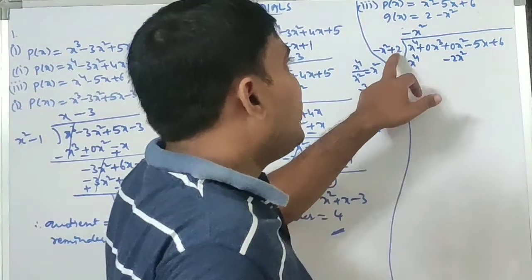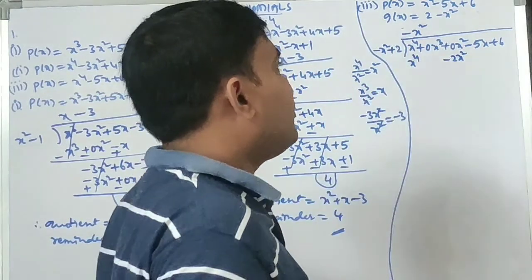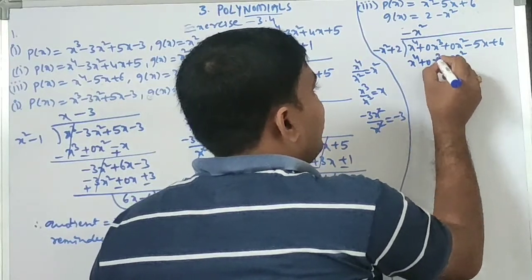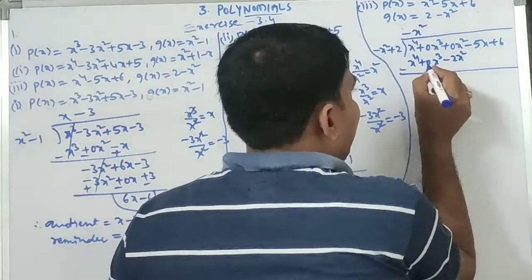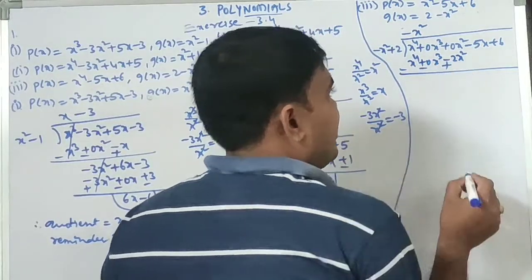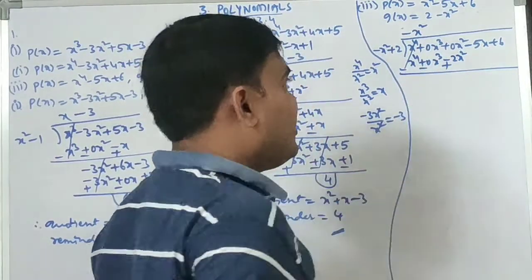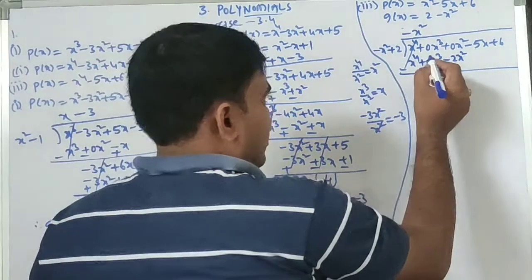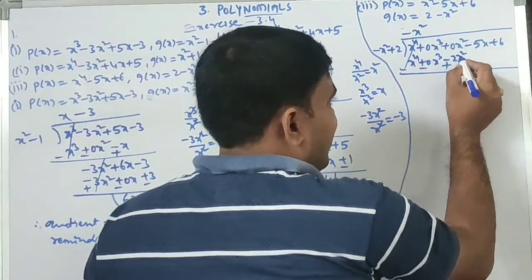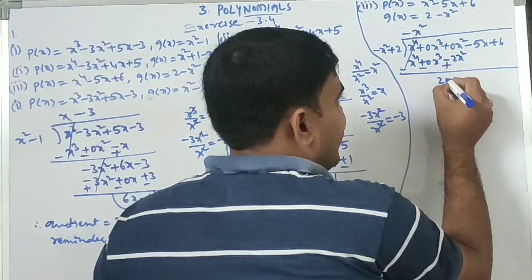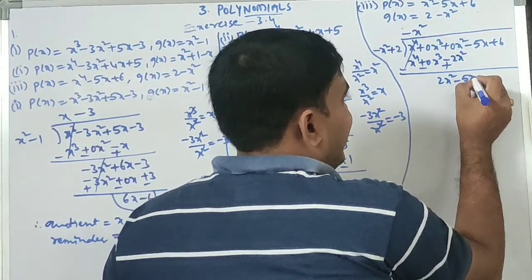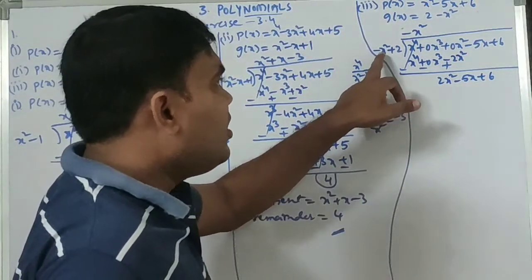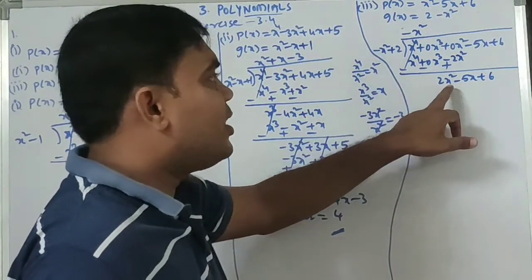2 into minus x square, minus 2x square. In between there is no x cube term, so plus 0x cube. Minus plus, so x power 4 gets cancelled. So 0x cube, no need to write. Next 0x square plus 2x square, minus 5x plus 6 I am taking. Now this is minus x square, this is 2x square.